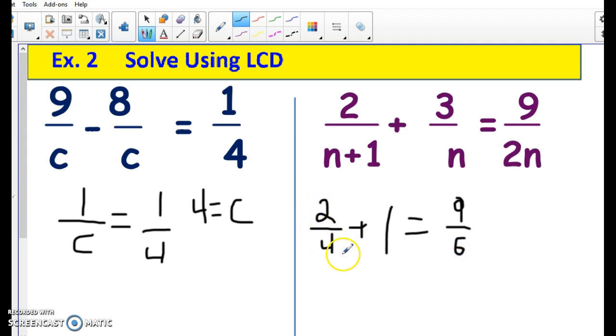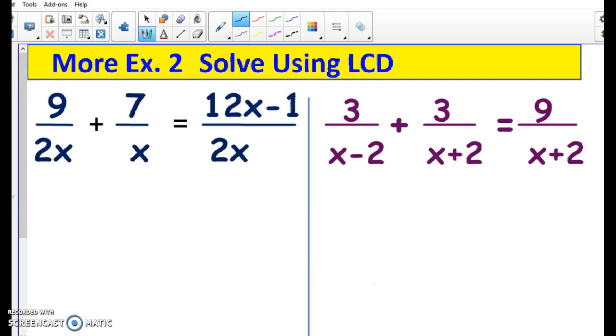Is this true? 2 over 4 plus 1, so 1/2 plus 1 is 1 1/2. 9 over 6, if I simplify that, is 1.5. So you can always go back and double check these to make sure that you are doing it correctly, so you don't just keep going.